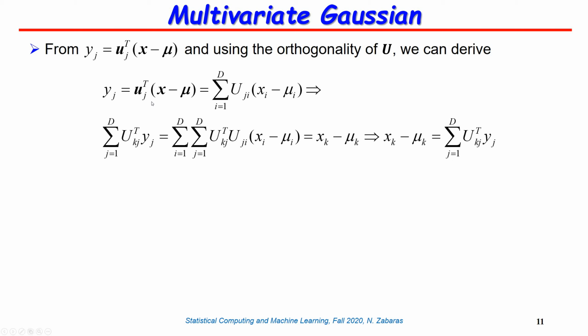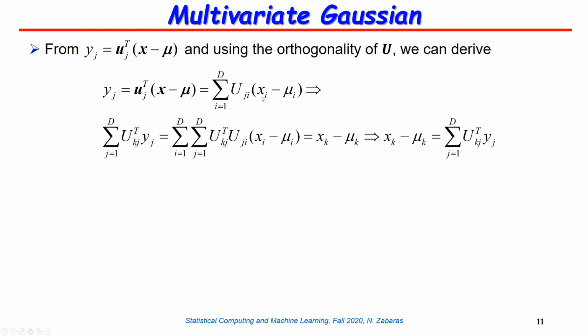Remember that in the U matrix every row is an eigenvector u_j. So I can write this inner product as the sum over i of u_ji times (x_i minus mu_i). Effectively I am using the definition of the U matrix, so this is what y_j is.